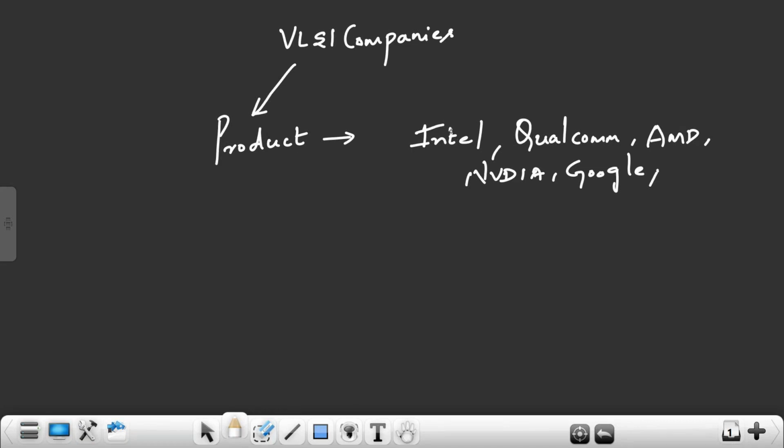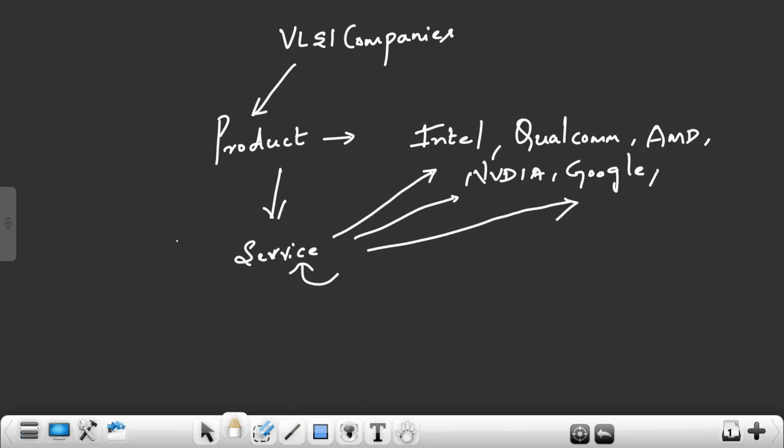Product-based companies work on the projects. They have the projects to be done. And there are many service-based companies. They will hire the candidates and send them to the projects of product-based companies. Service-based companies will hire freshers, and even experienced candidates.